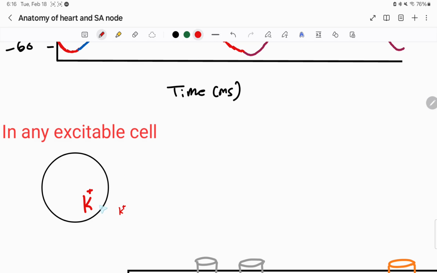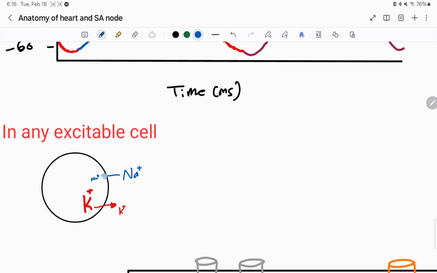Which means that if you let it, it would want to go out of the cell, which would make the inside negative, right? Because a positive charge leaving the inside of the cell would make the inside negative or less positive. A positive charge like sodium, for example, is high outside of the cell, but low inside of the cell.